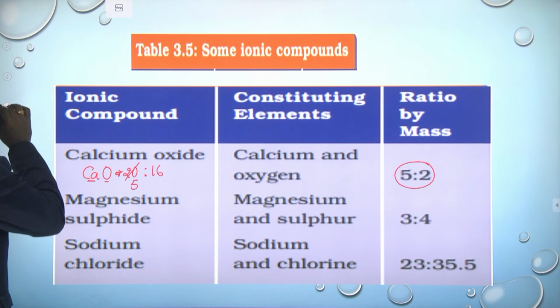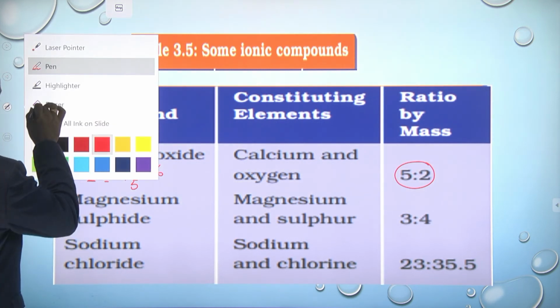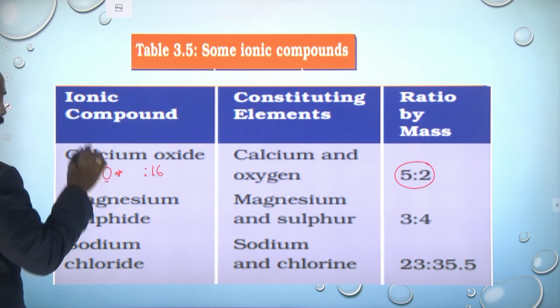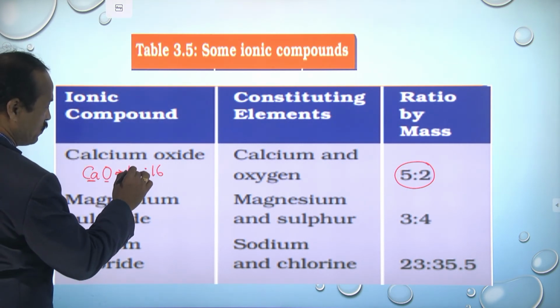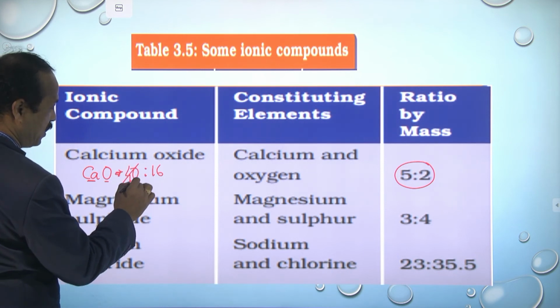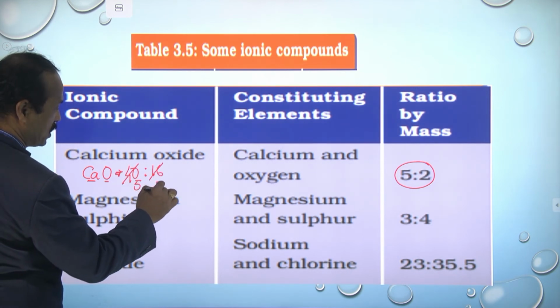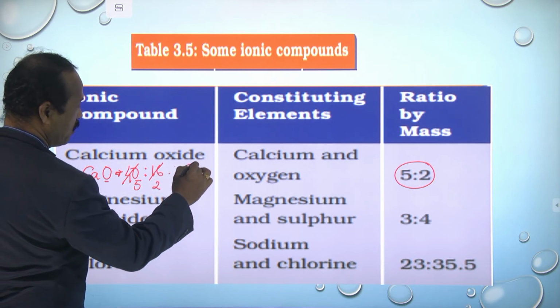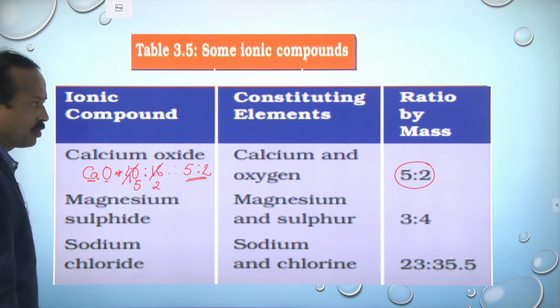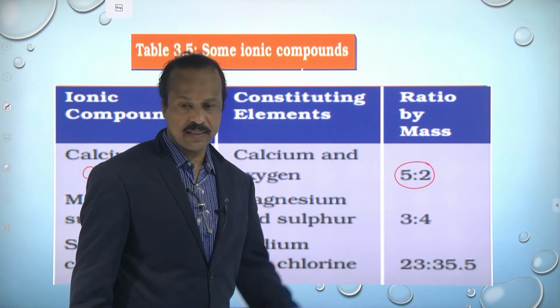Calcium atomic mass is 40 (atomic number is 20, but atomic mass is 40), and oxygen atomic mass is 16. If you cancel with the 8 table, 8 5s are 40 and 8 2s are 16. So the ratio of calcium and oxygen in calcium oxide is 5:2. Is this clear to you?